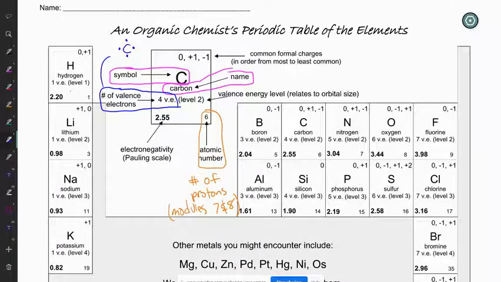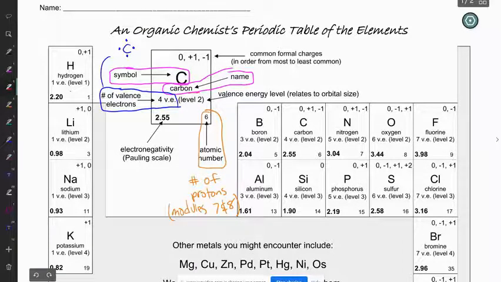Remember, we're usually trying to get to 8 dots or 4 pairs of electrons around an atom. So that number of valence electrons is going to be important to us. We also use that whenever we're trying to calculate formal charge, because we compare how many electrons an atom has in a particular structure to how many valence electrons it had when it was born.